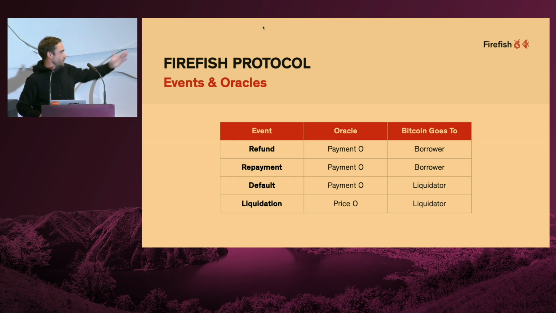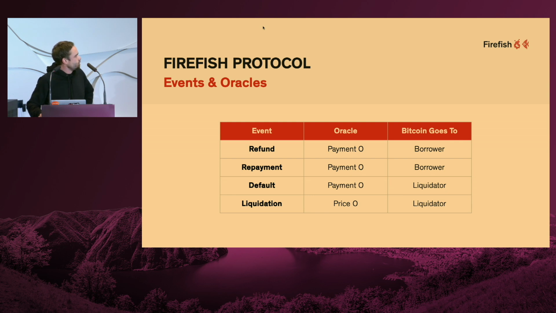On the event side, you see all possible states in which the escrow contract can be, in the simplified version. Refund is a state where the borrower locks the Bitcoin collateral but still didn't receive any loan. Something happened in the very beginning and the loan didn't materialize.